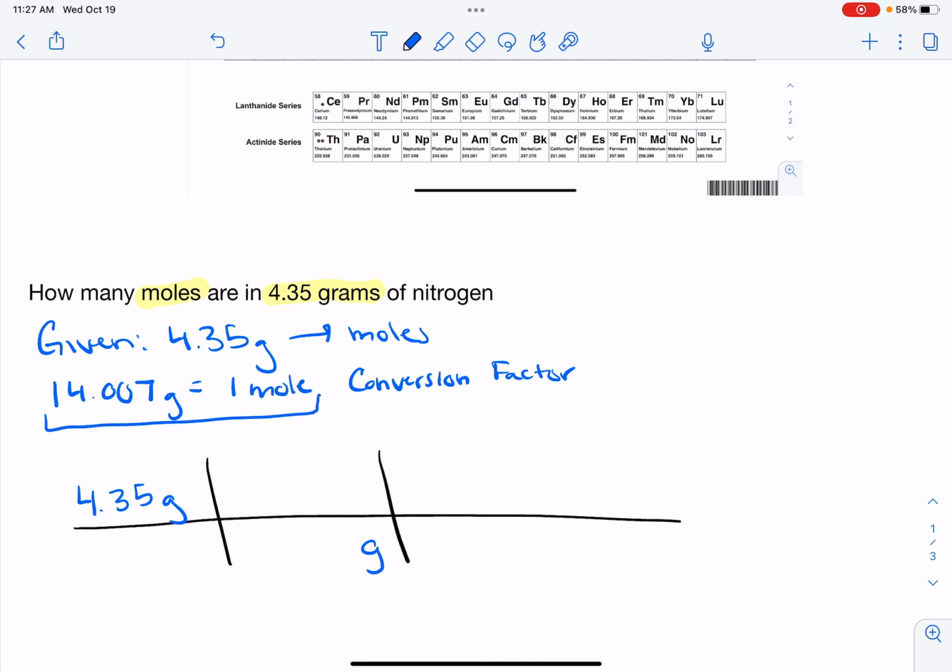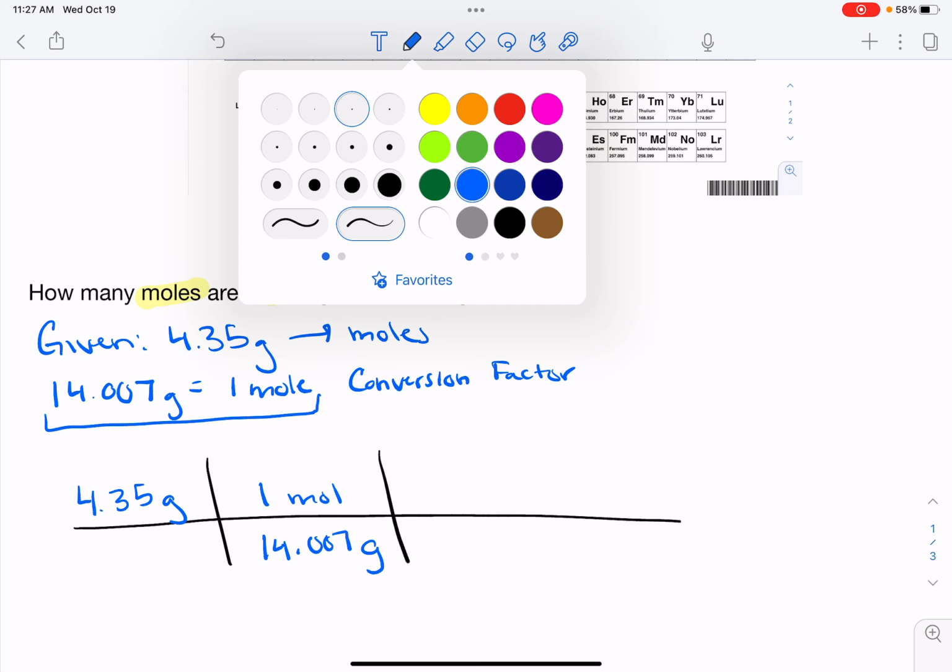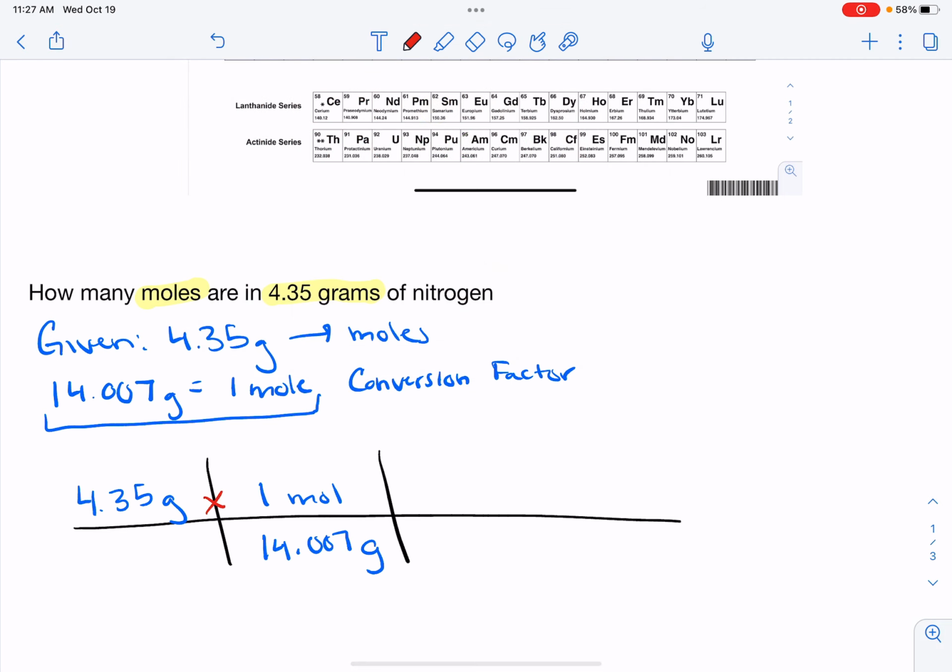The number with the grams is 14.007. So the 14.007 goes on the bottom and 1 mole goes on the top. Now, we put this in our calculator, multiplying by the top and dividing by the bottom. Our grams is going to be canceled, and we're going to be left with moles, which is what we wanted.